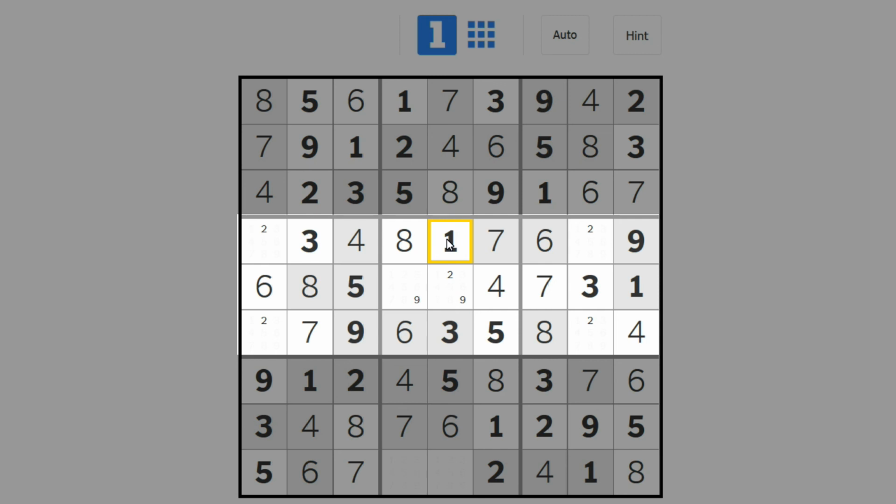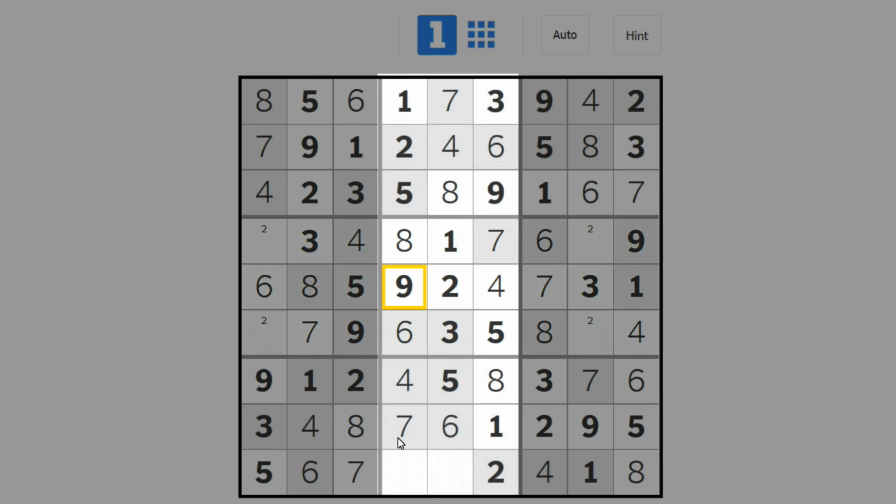And now that I've eliminated the number 2 as that choice over there, that means that this block has to be where the number 2 goes. And that means that this block must be where the number 9 goes. And so now we filled in this entire block.